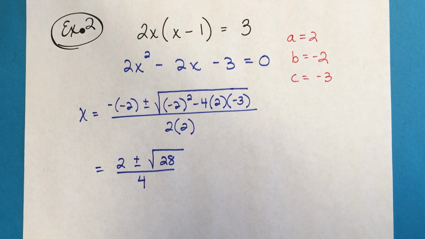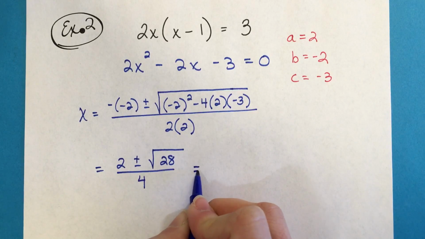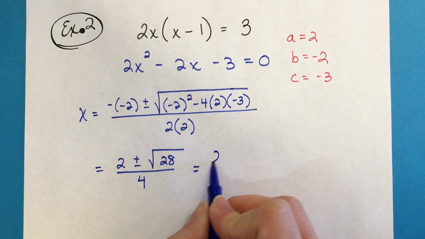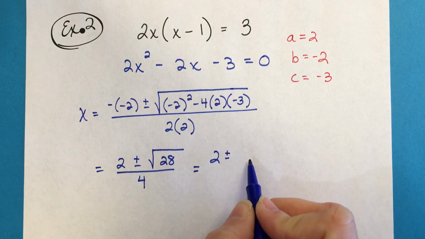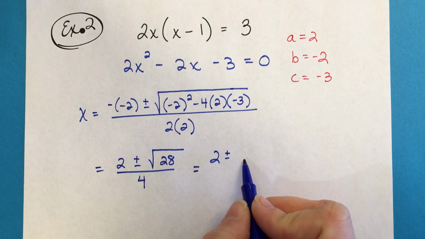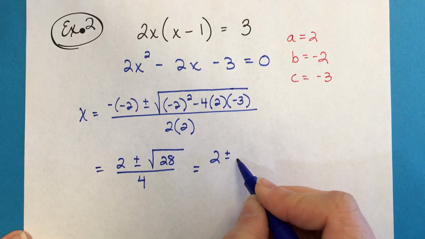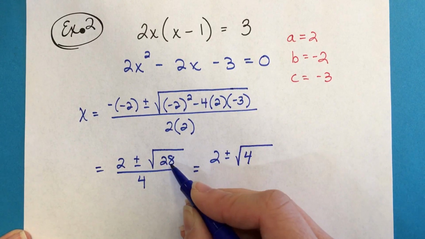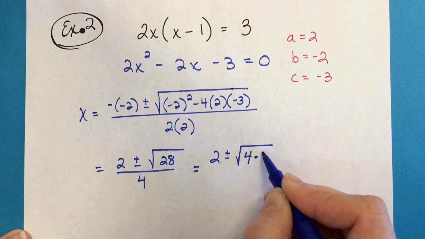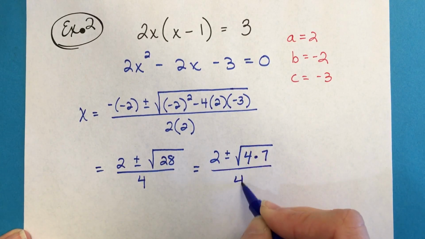Now, 28 is not a perfect square, but just like we had to simplify radicals in the previous lesson, if you look at that list of perfect squares that I had written down, you do have 4 on that list, and 4 will divide 28 evenly, because that would be 7 times.